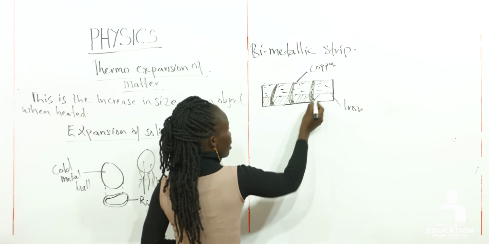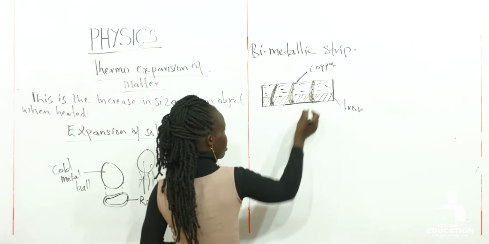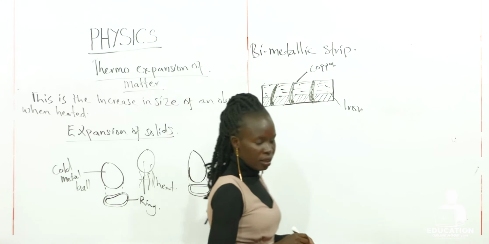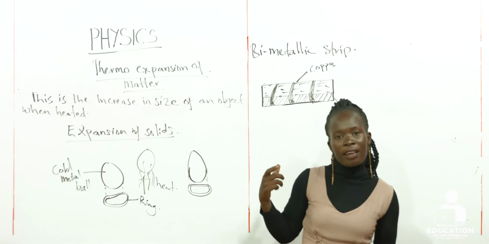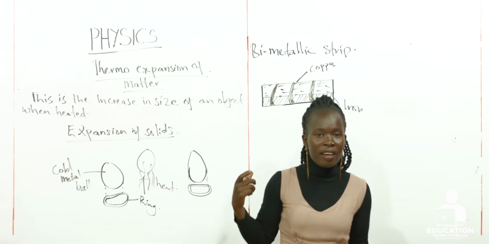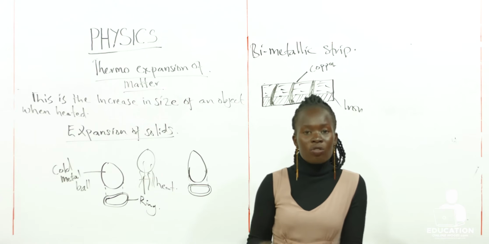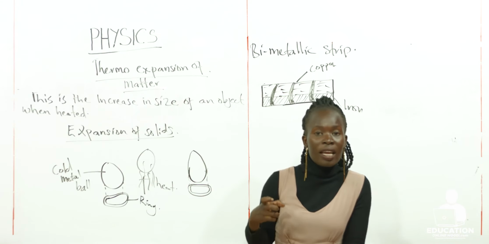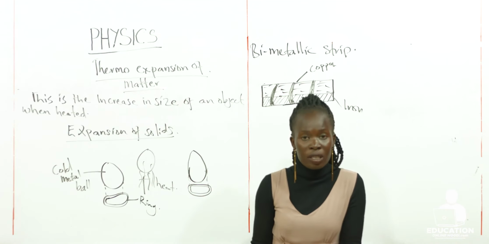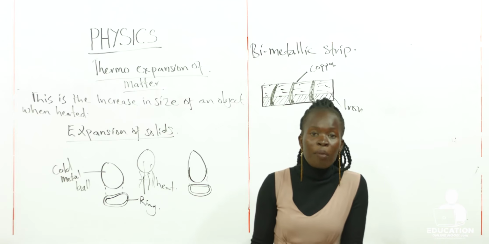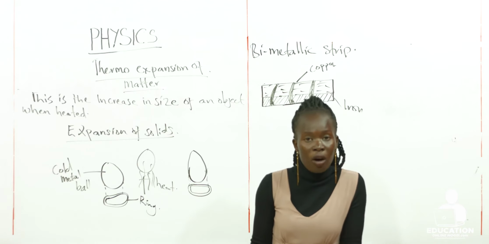So we are going to take this bimetallic strip and heat it. The concept behind here is we are tying it together like that to see whether it is true that the two materials actually expand at different rates, however much you apply the same amount of heat.